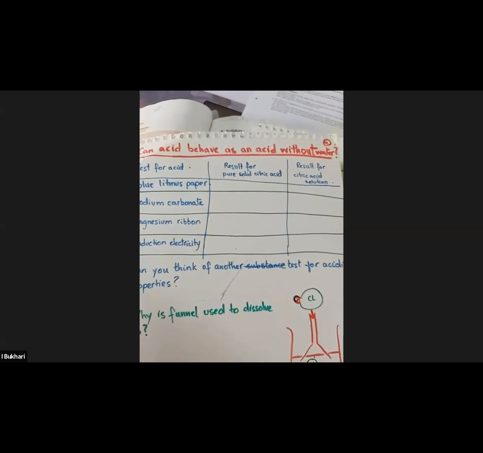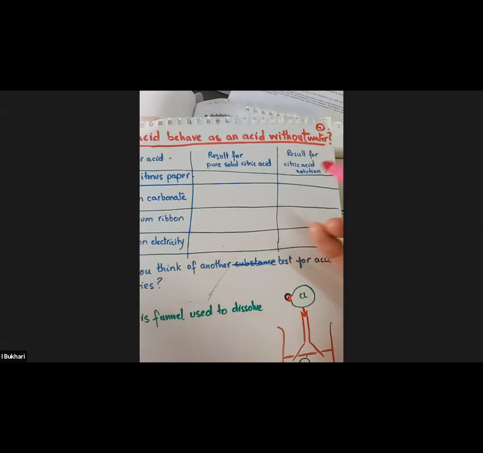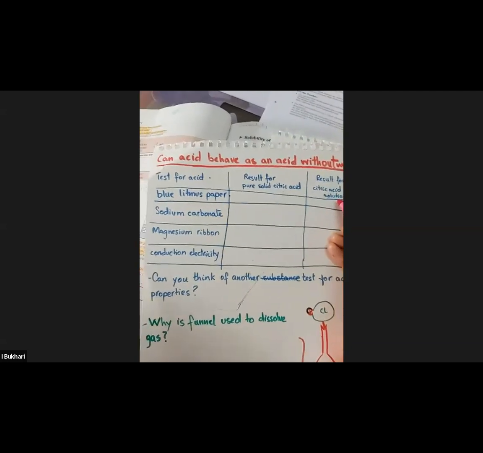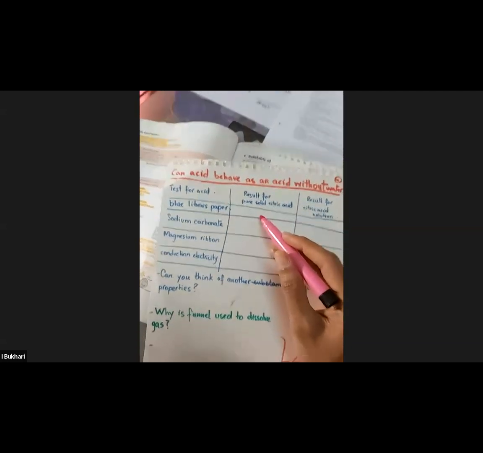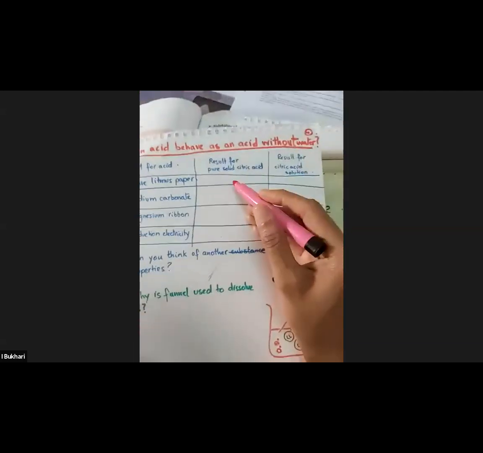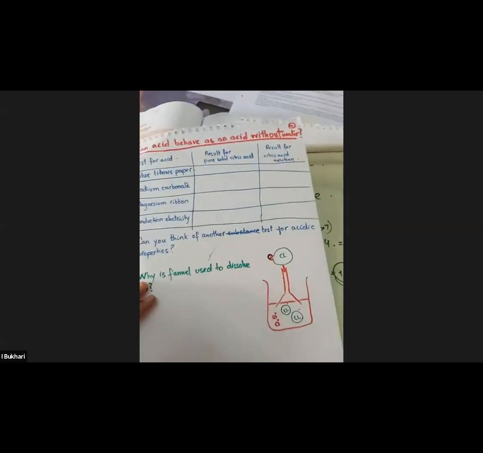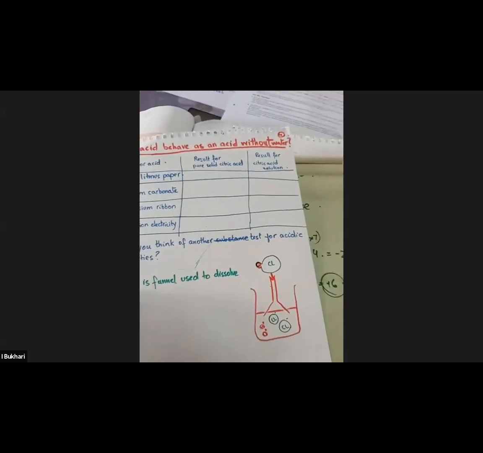See, we are comparing the solid pure citric acid with the citric acid solution. With pure, it would turn red? Yes, Wajiha, with solution, it would. But what about red with pure? No, Muhammad. Hassan Wali, no. Not with pure. Why? Why not?